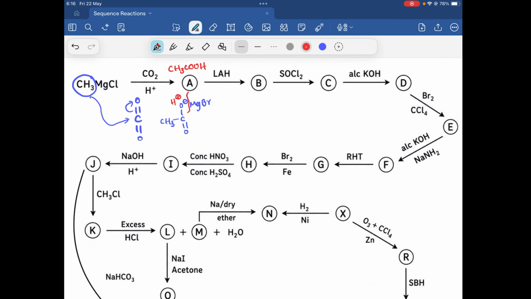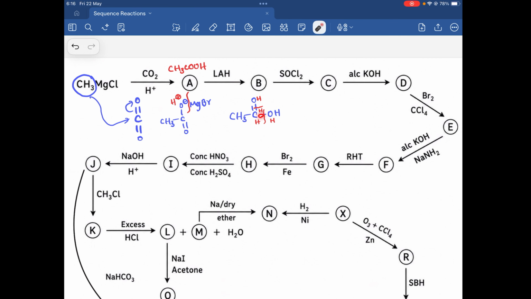Now that on reacting with lithium aluminum hydride, this is the best reducing agent. So if I take lithium aluminum hydride, see this CH3COOH, we know this is the best reducing agent, so here reduction happens. So break this bond, add hydrogen, and break this bond, add hydrogen.